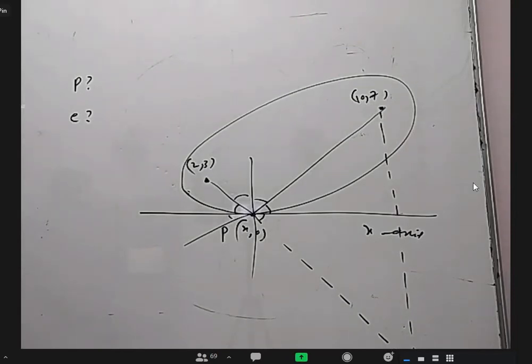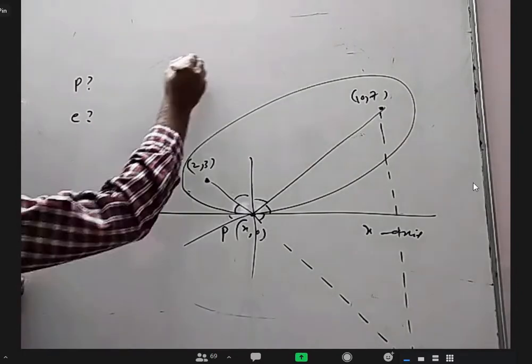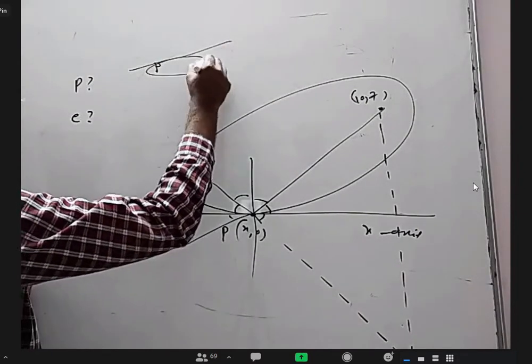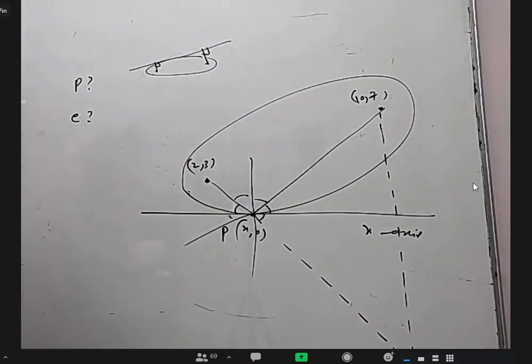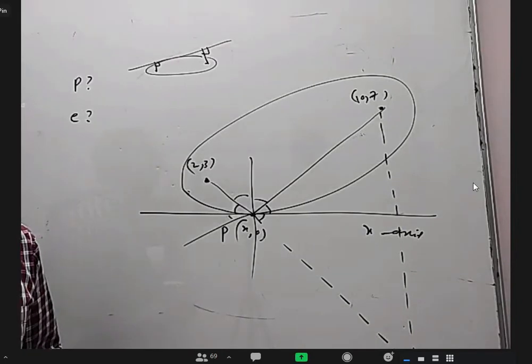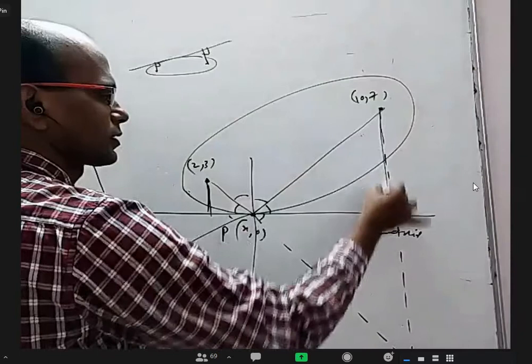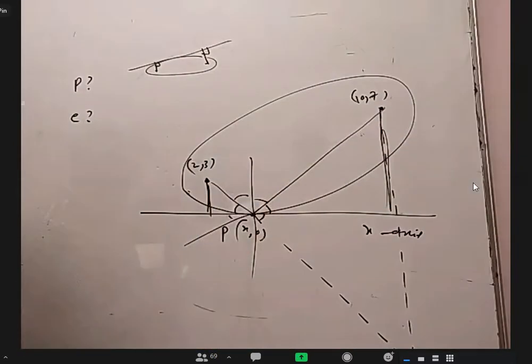Sir, the product of the perpendicular distances to the tangent is b squared. Yeah, take an ellipse, take any tangent, take the two foci; the product of the perpendicular distances from them is b squared. That is one property, right? Yes, sir. This height is 3, this height is 7, and the product is 21. Okay, so that is another method.